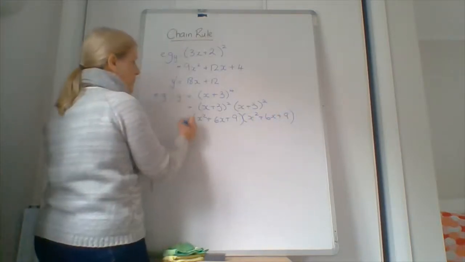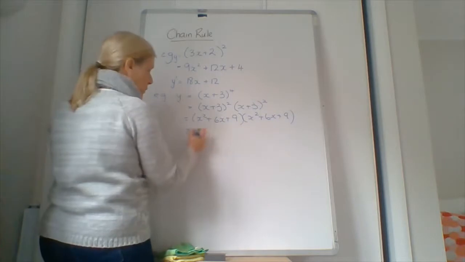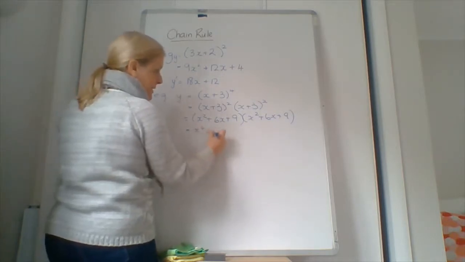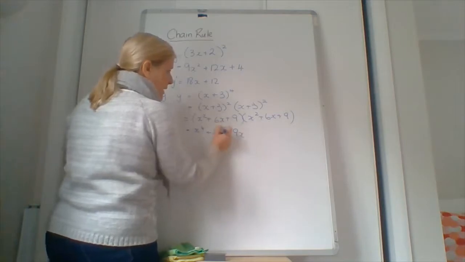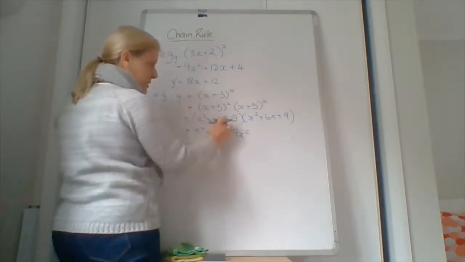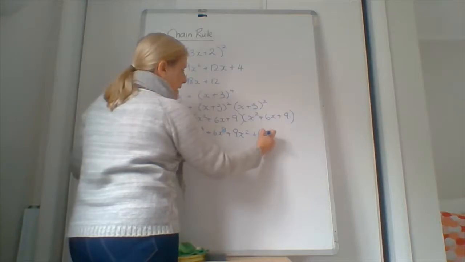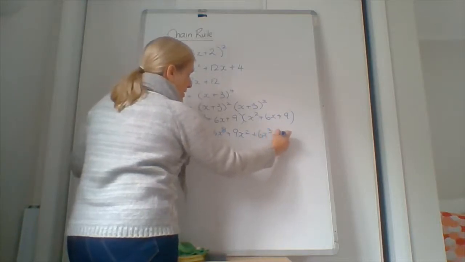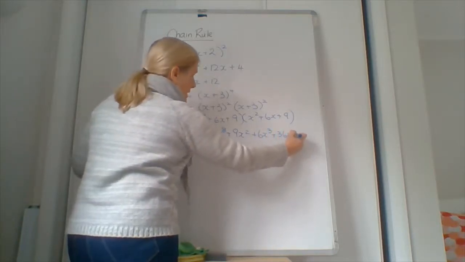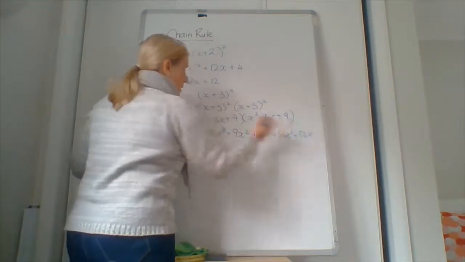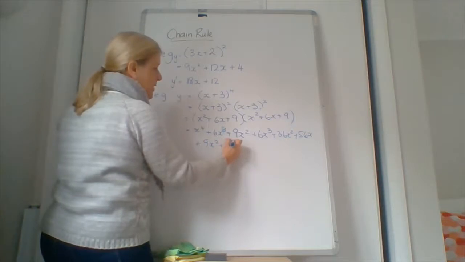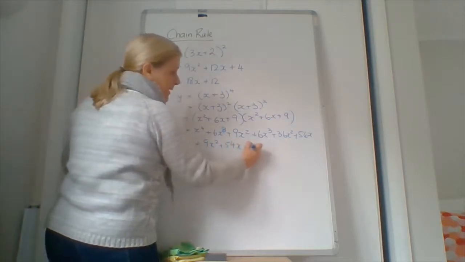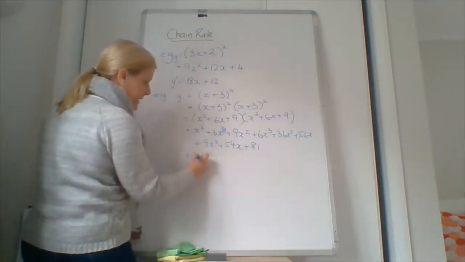Then we have to go right through it again. So we're going to do x squared by all of these, x to the 4 plus 6x cubed plus 9x squared. And then we do the 6x: plus 6x cubed plus 36x squared plus 54x. And then the 9: plus 9x squared plus 54x plus 81.